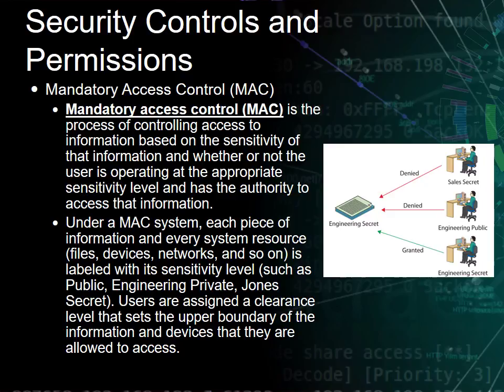Likewise, not only can that person with a secret clearance not read the top secret, but just the opposite. You can take that secret piece of information, a secret email, let's say, and have it stored on a secret level email server, or you could have it saved on a top secret level mail server.